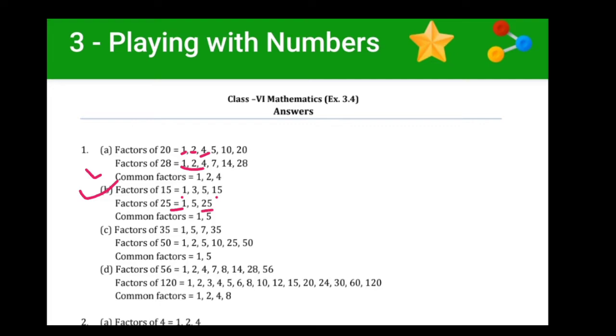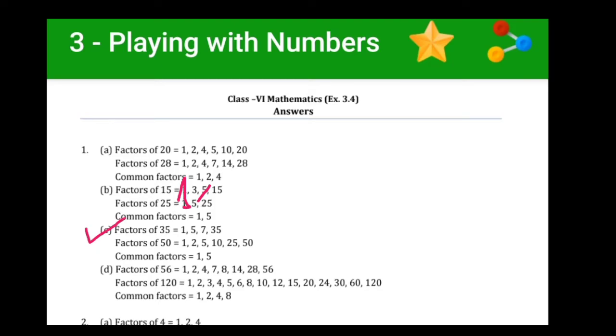So the common factors are 1 and 5. We can see that in both numbers, 1 and 5 are common factors.